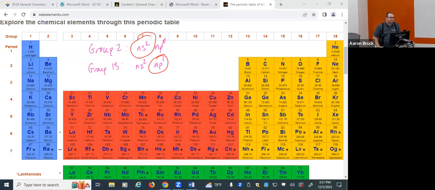So it's a little bit easier to remove than maybe we would expect. And as a result of that slight variance in energy, one being a little bit harder to remove, one being a little bit easier to remove, they switched places in the trend. So it's actually easier to remove a group 13 element's electron than a group 2 element's electron.